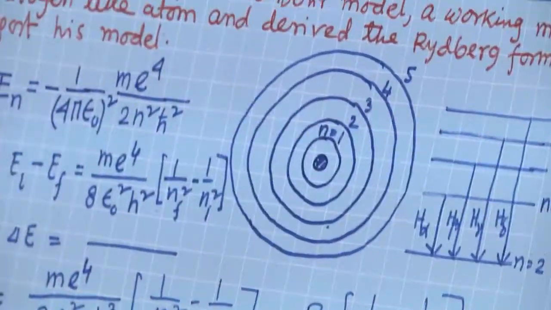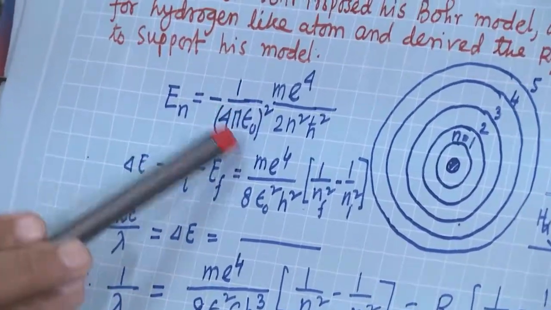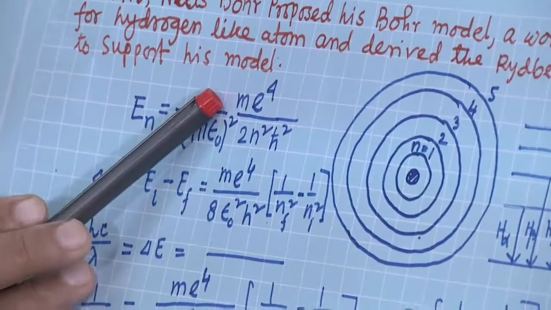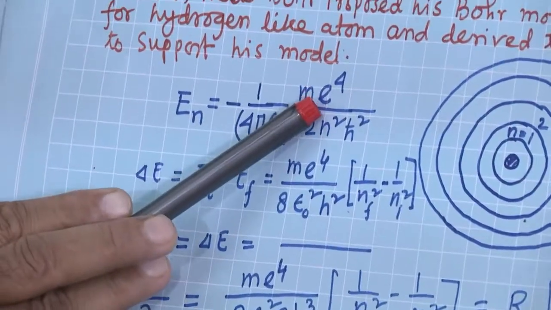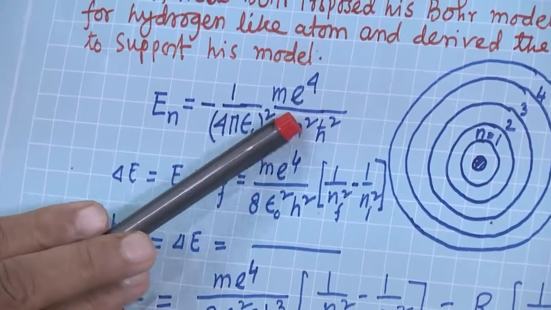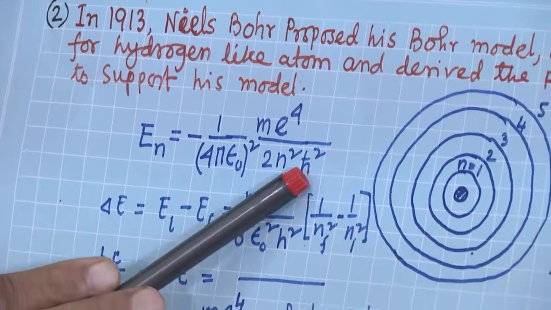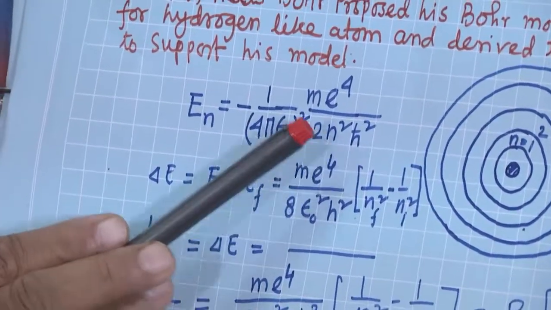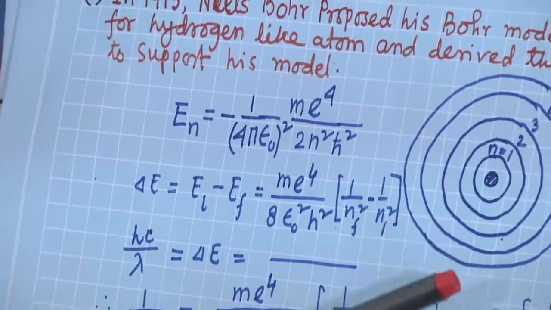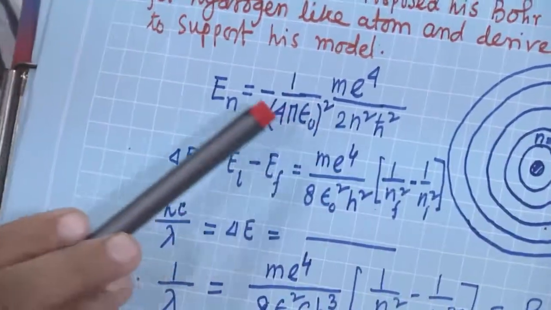For the nth level, the energy is En equal to minus 1 by 4 pi epsilon 0 whole square, times m e to the power 4, where m is the mass of the electron and e is the charge of the electron, divided by 2 h cross square. H cross is basically h by 2 pi, h is the Planck constant, and n is the principal quantum number, which is the orbit number or shell number.